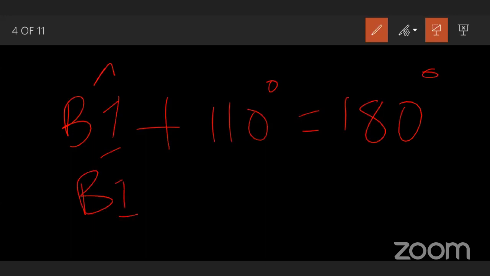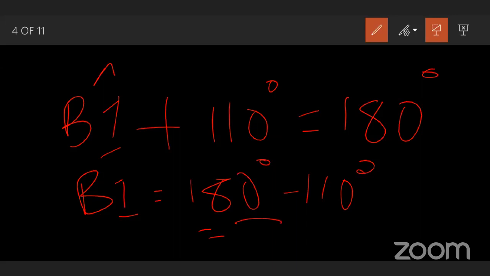And then our B1 will equal 180 degrees subtract 110 degrees, and our final answer will be 70 degrees. There you have your 3 marks.